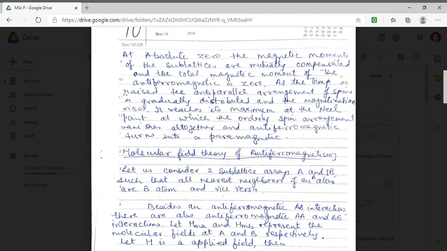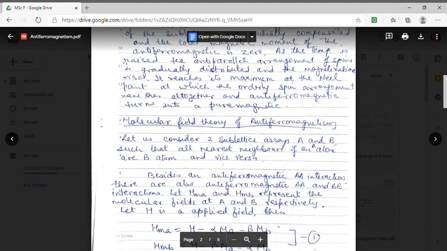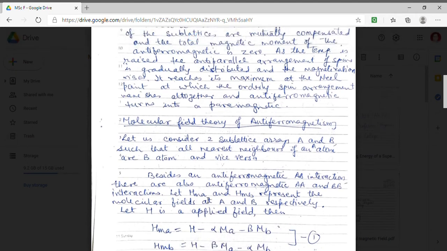Let the molecular field of A sublattice be HMA, and the molecular field of B sublattice be HMB. Now I am applying an external field which is denoted by capital H. So we will write the effective field of A and B sublattice.